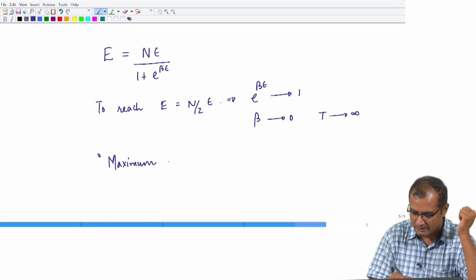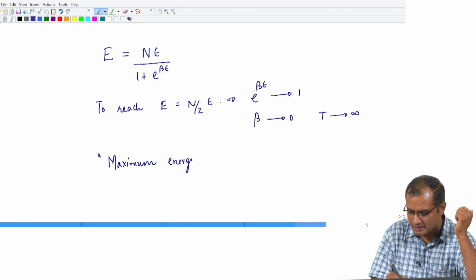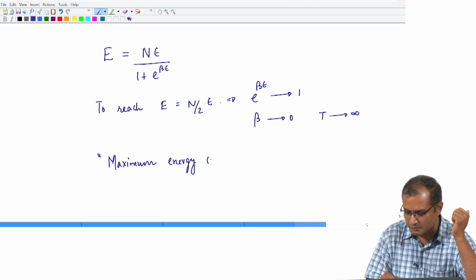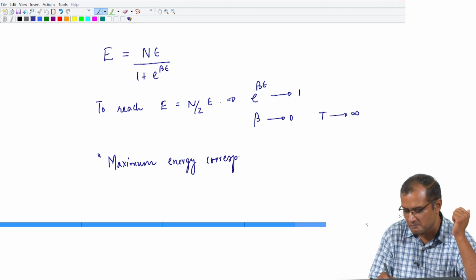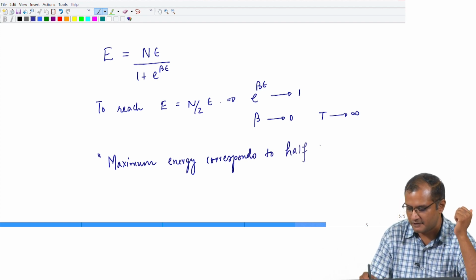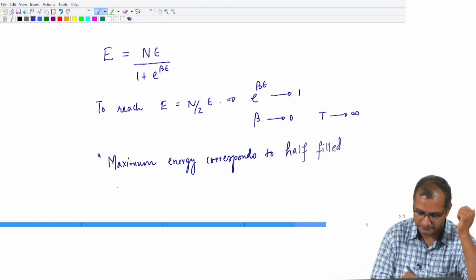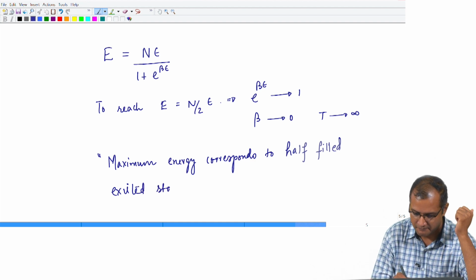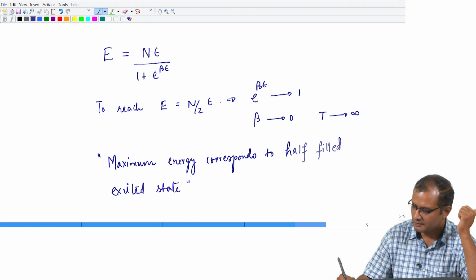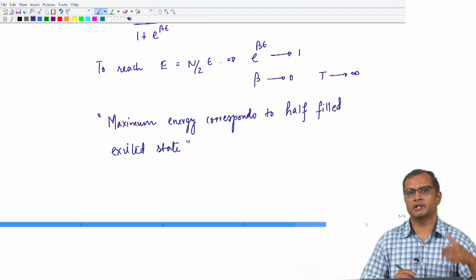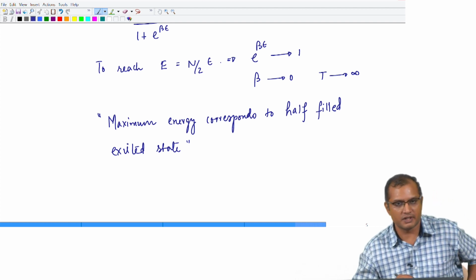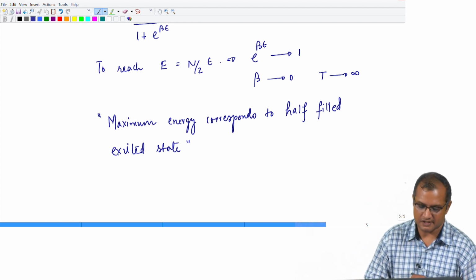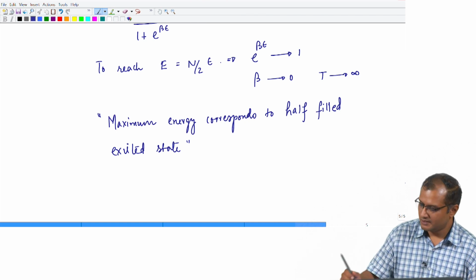So, maximum energy corresponds to a half filled excited state, you can't exceed more than that. Okay. To push it beyond half filled requires temperatures more than infinity. So, that is clearly not possible.